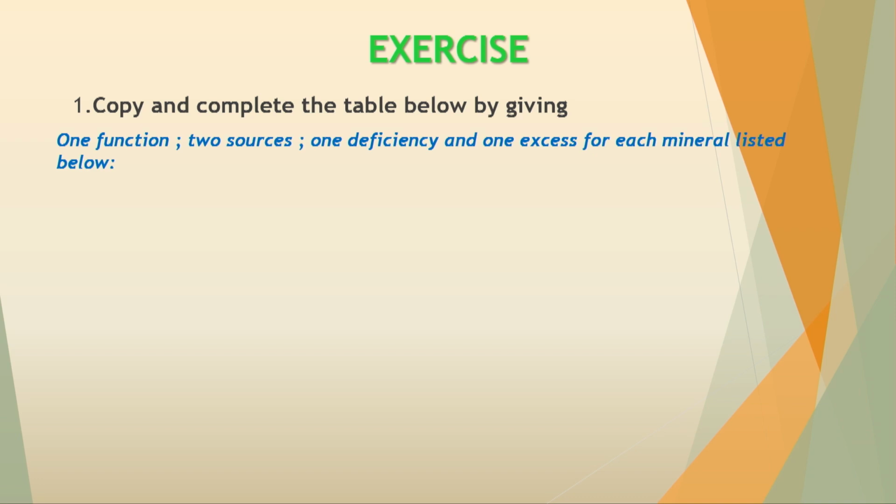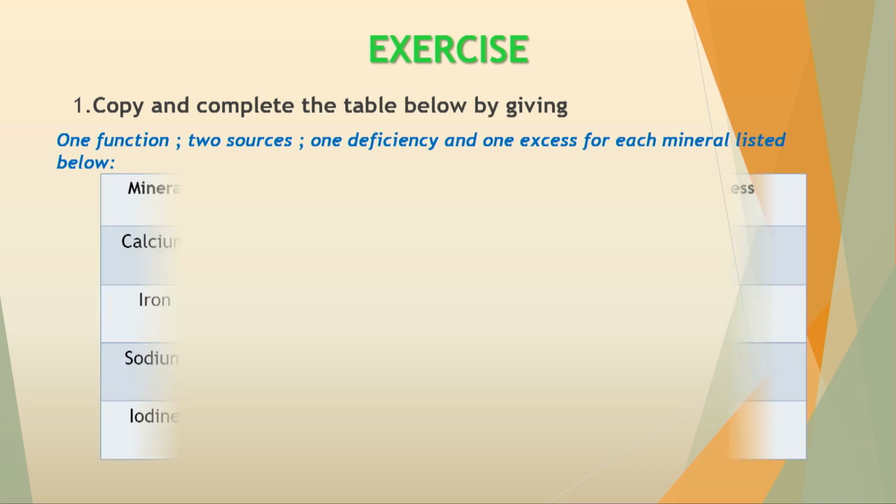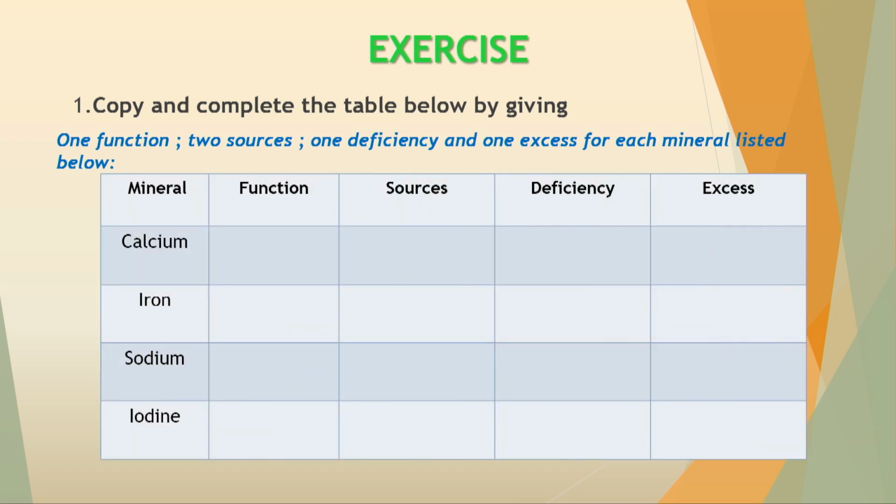Copy and complete the table below by giving 1 function, 2 sources, 1 deficiency, and 1 excess for each mineral listed below. Let's see the table. You have the mineral calcium, iron, sodium, and iodine.